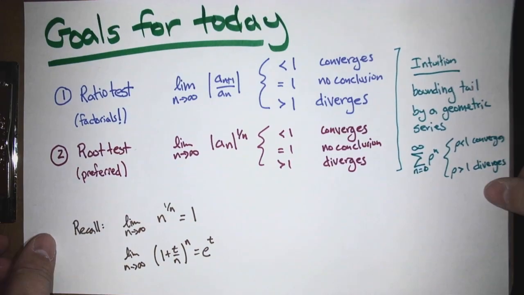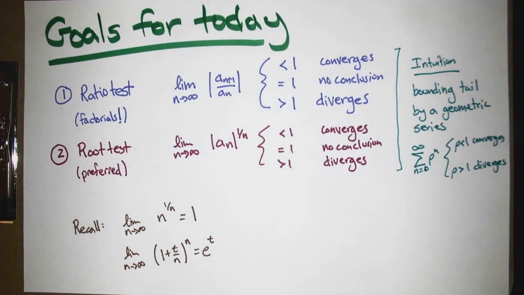Now, what are the goals for today? Well, we're going to talk about 2 more tests: the ratio test and the root test. And what's going on? Well, I'll just jump to the chase.